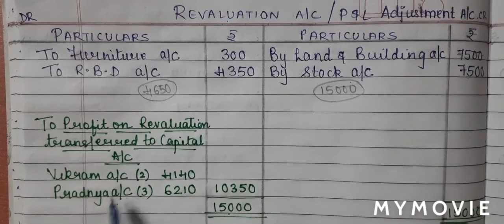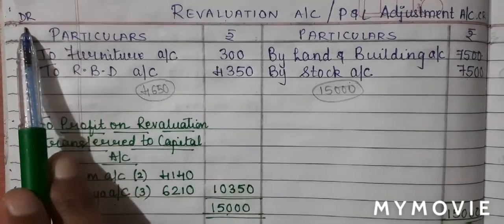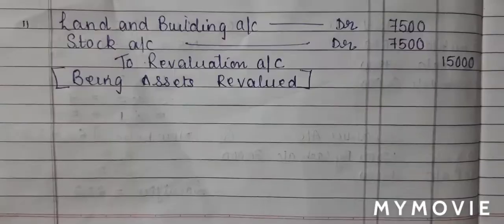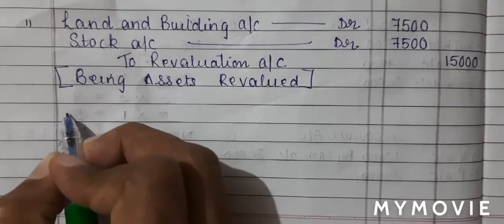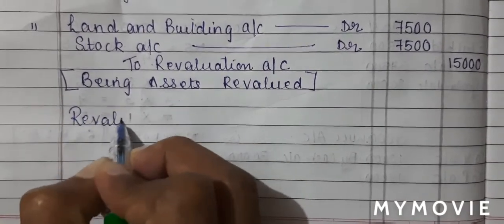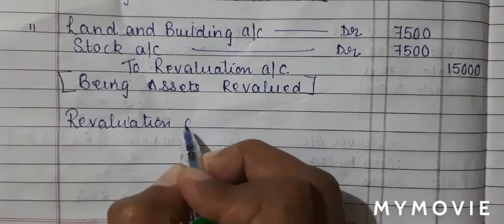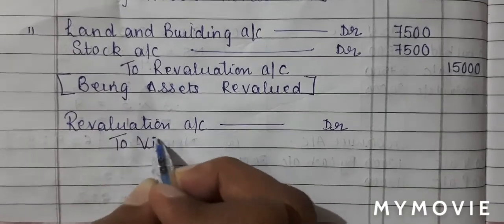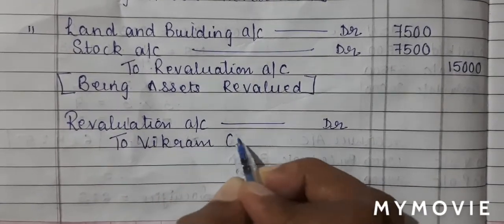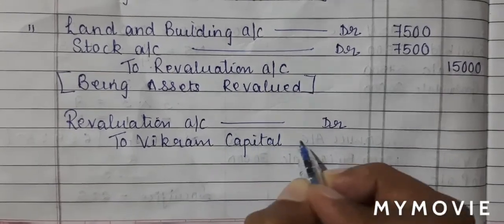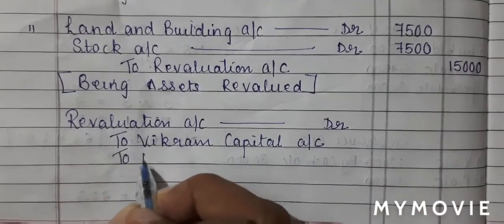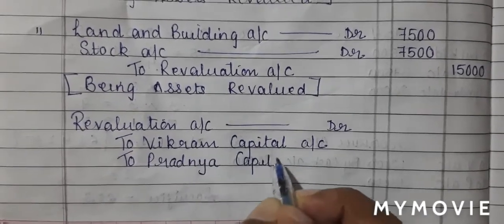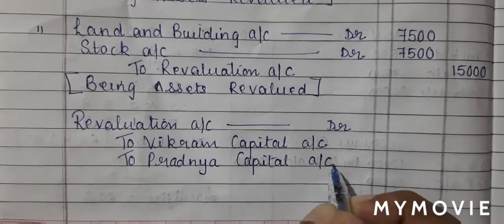Okay, so my journal entry will be revaluation account debit to partner's account. So let's do the journal entry for this. So for the profit, I'll write the journal entry: revaluation account debit to Vikram capital account to Pradnya capital account.